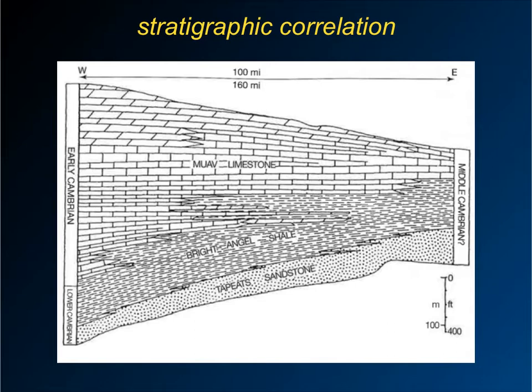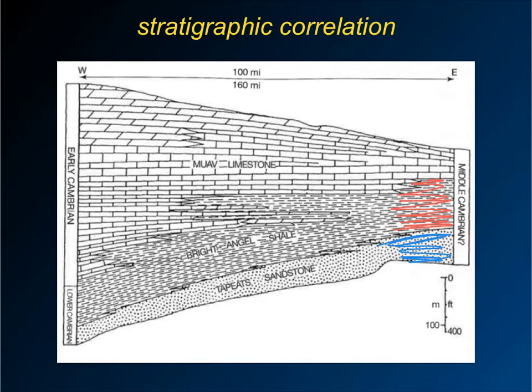But again, if you're looking to the east, this is similar to rocks you might find in the Grand Canyon. You might go out and find a layer of sandstone, which I'll color in blue, and then above that is the Bright Angel Shale, which is near the bottom of the Grand Canyon and is a very well-known shale.